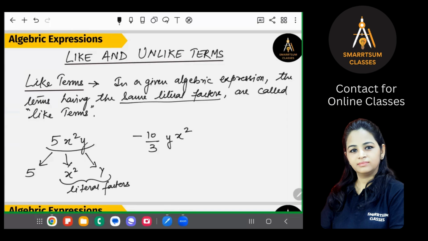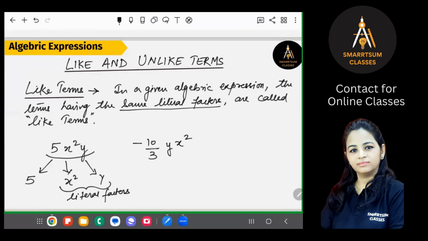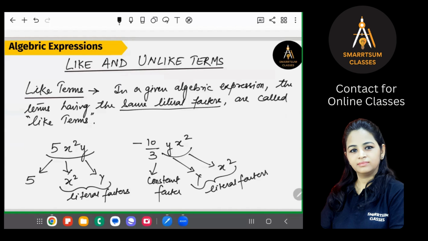Now similarly, just see the another algebraic term, minus 10 by 3 yx square. So minus 10 by 3 is the constant factor, whereas y and x square are literal factors, right?